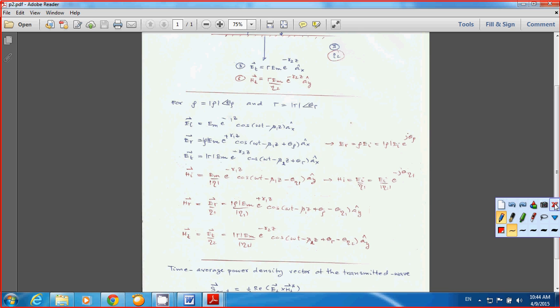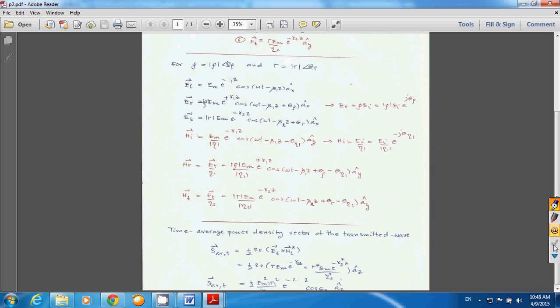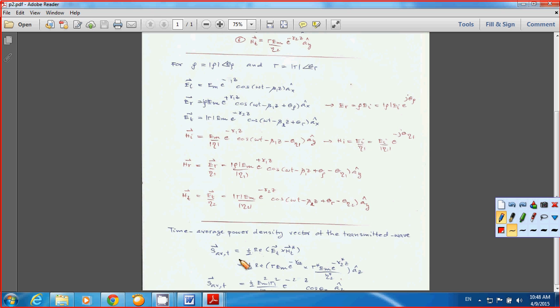The next one is the time average power density vector of the transmitted wave. I use S_AV, where AV represents the average and T is the transmitted.